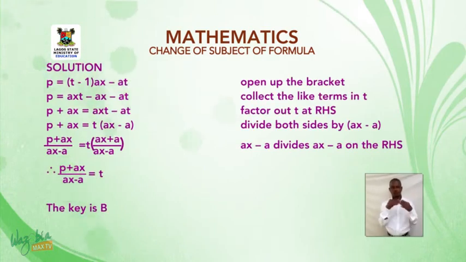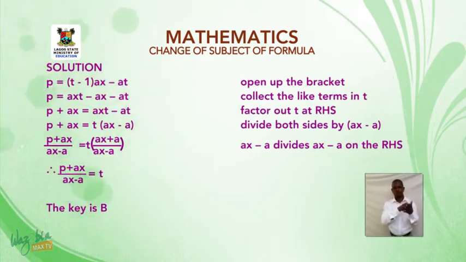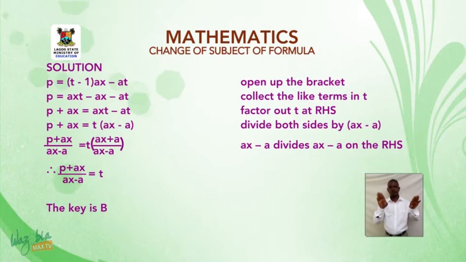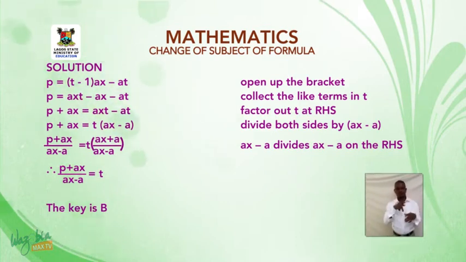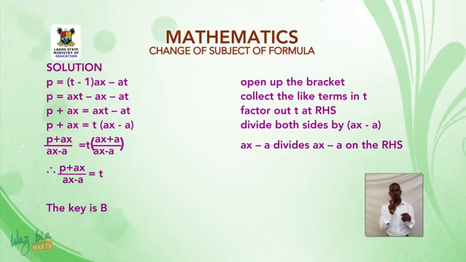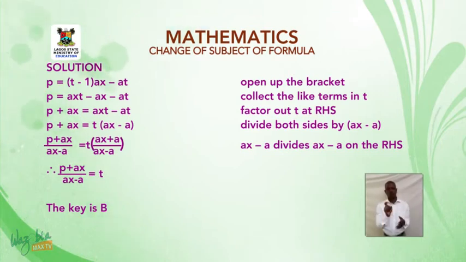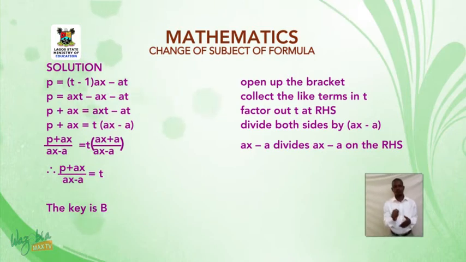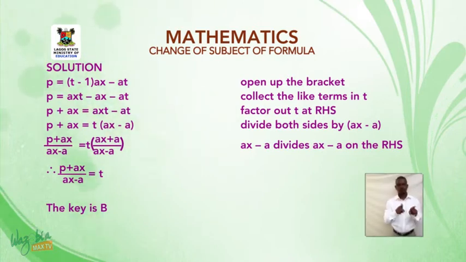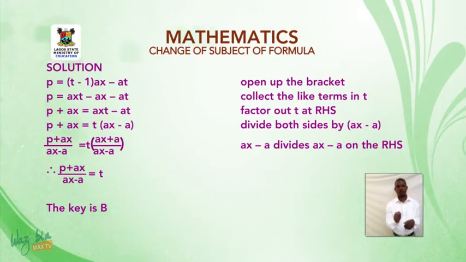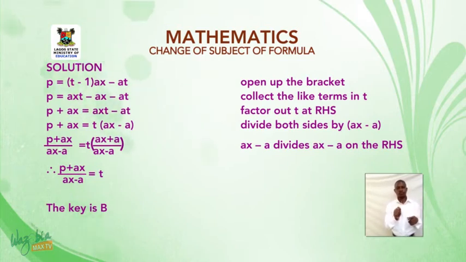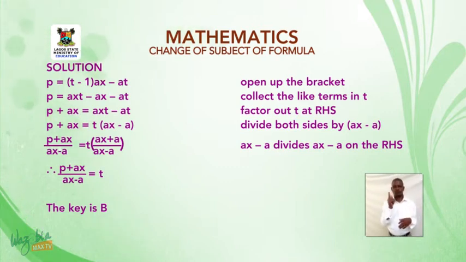Solution. P is equal to bracket T minus 1 AX minus AT. Open up the brackets. P is equal to AXT minus AX minus AT. Collect the like terms in T. P plus AX is equal to AXT minus AT. Factor out T at the right hand side.